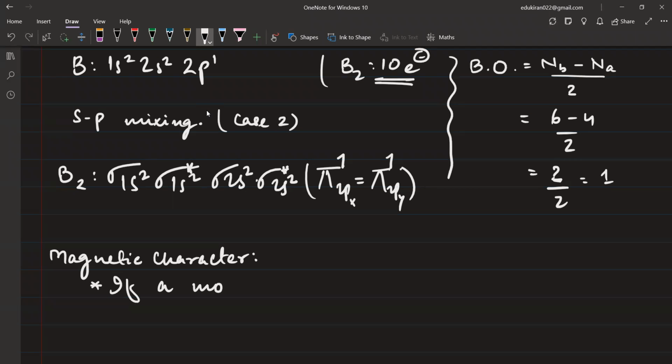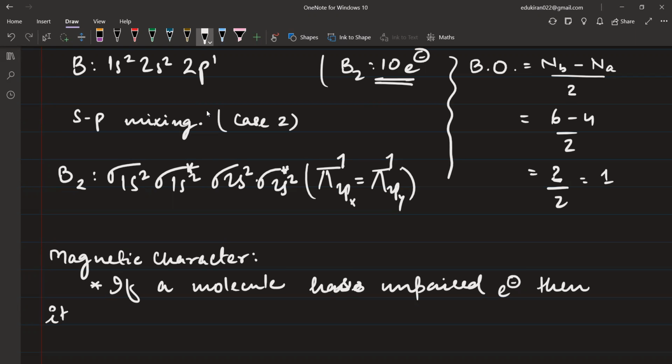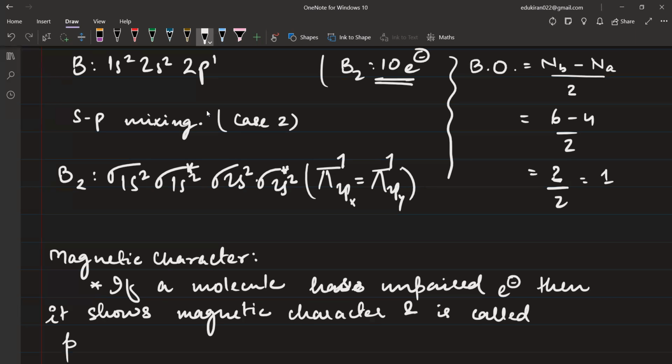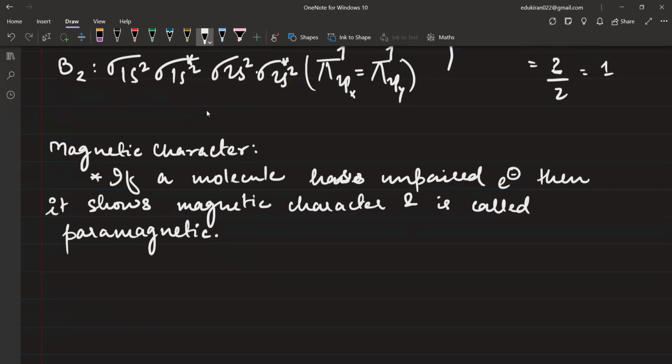If a molecule has unpaired electrons, then it shows magnetic character and is called paramagnetic. It is called what? Paramagnetic.